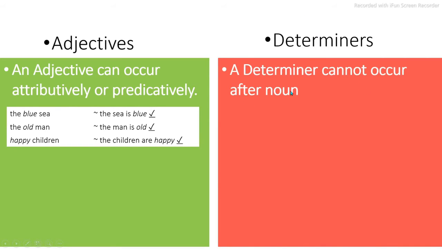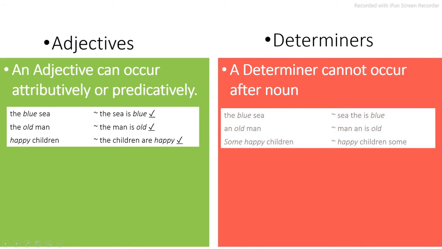Determiners cannot occur after a noun, they are always used before nouns. Like the article, which is a determiner: the blue sea, sea is the noun, the has been used before it, so it is correct. But if we say sea the is blue, if we use this determiner after the noun like this, then it is incorrect.